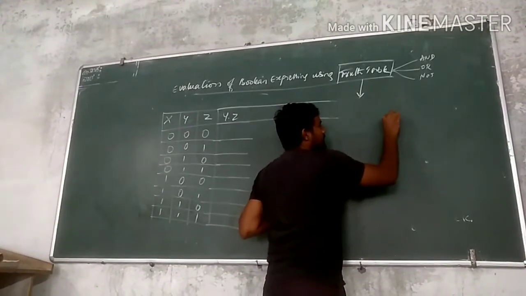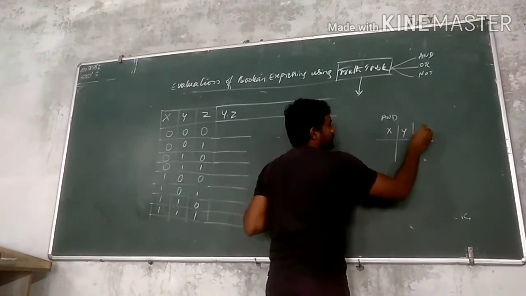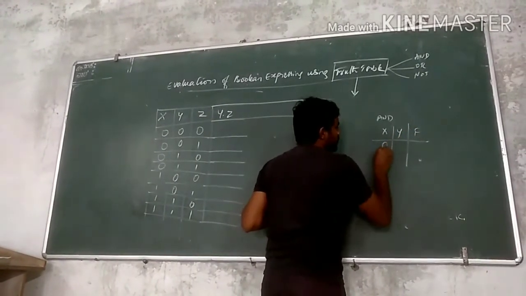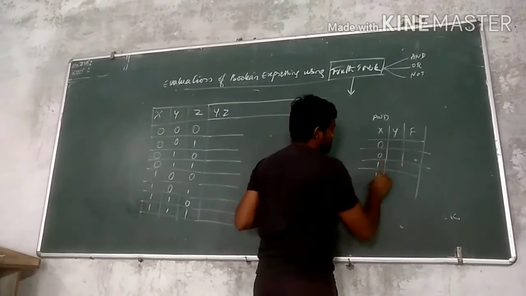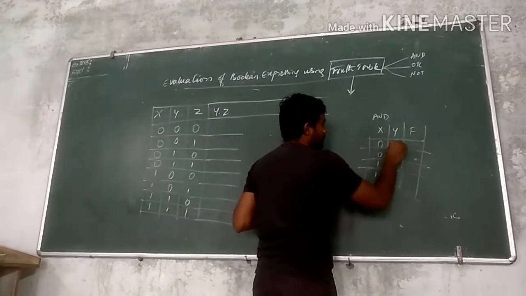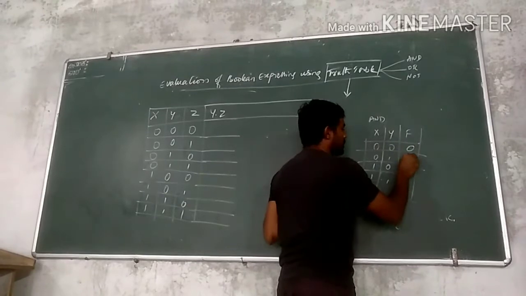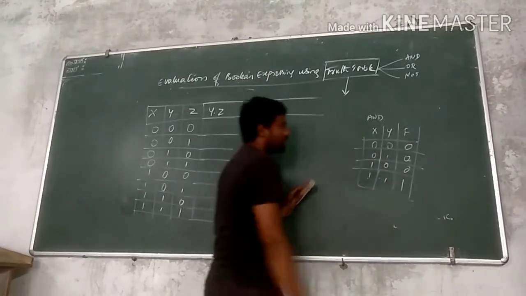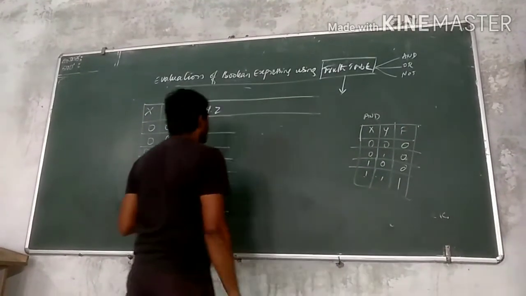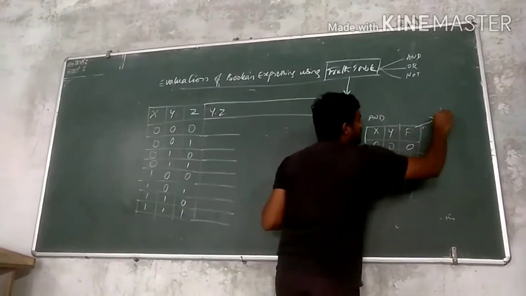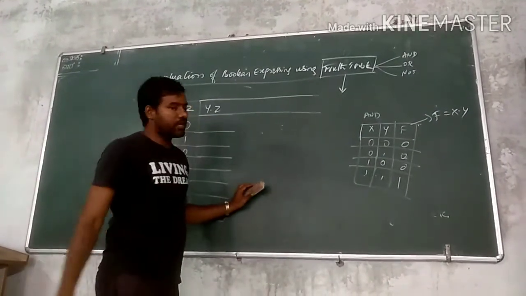With inputs 0 0 1 1 and 0 1 0 1: 0 into 0 is 0, 0 into 1 is 0, 1 into 0 is 0, 1 into 1 is 1. So this is the truth table of your AND gate. So whenever we perform f is equal to y dot z, we are using this here.